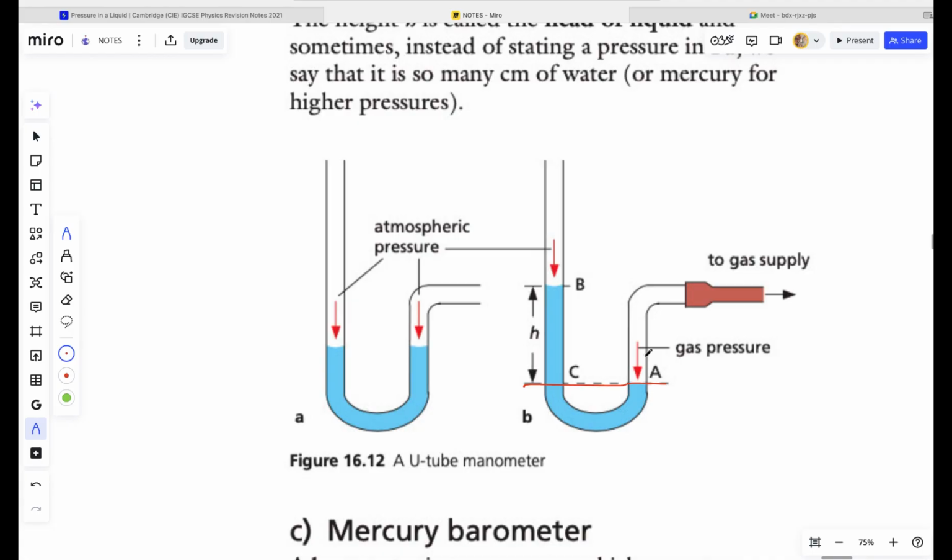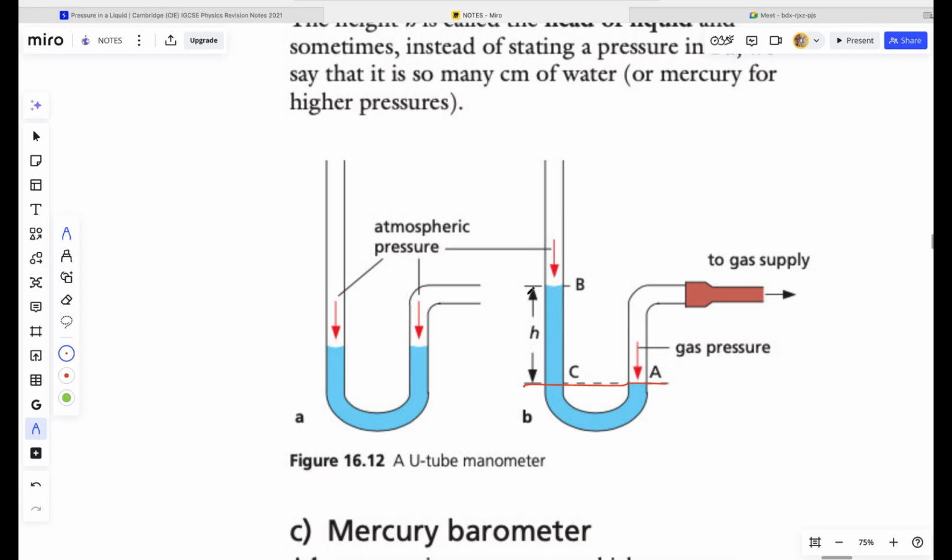Let's say the liquid here is mercury or oil, whatever it is. This gas will push this mercury or liquid further down compared to what is happening here, creating a height. Here there was no height. This was when the U-tube was not connected. Okay, this is how a manometer works. It will push this one up further, creating a height.